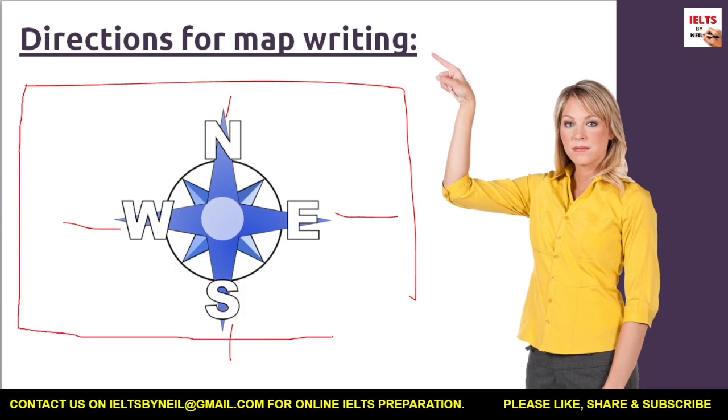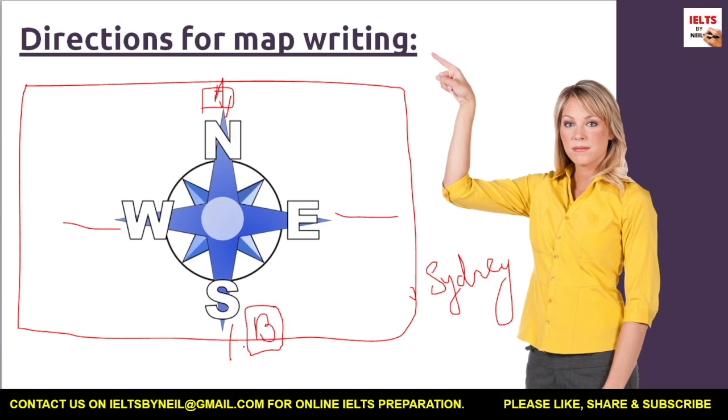Now for example, this is a diagram or a map given. The name of the city, for example, is Sydney. If something is here, let's just name this place A. I would say A is located in the northern part of Sydney, or on the north side of Sydney, right? If something is here, B, I can say B is located in the southern part of Sydney, or on the south side of Sydney, right? Same goes with the west side and east side.